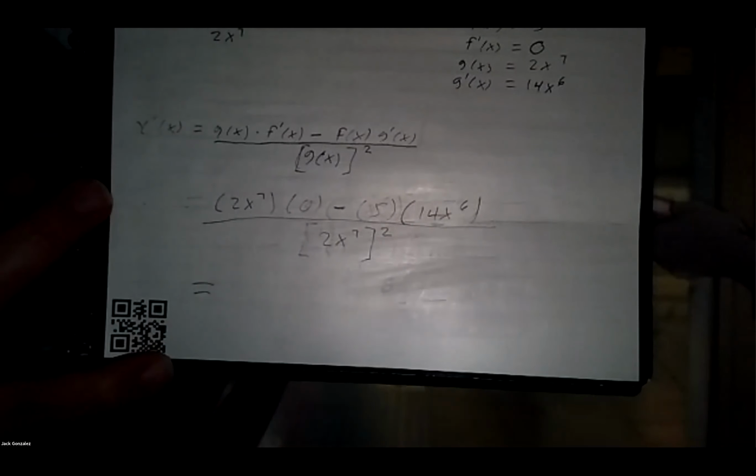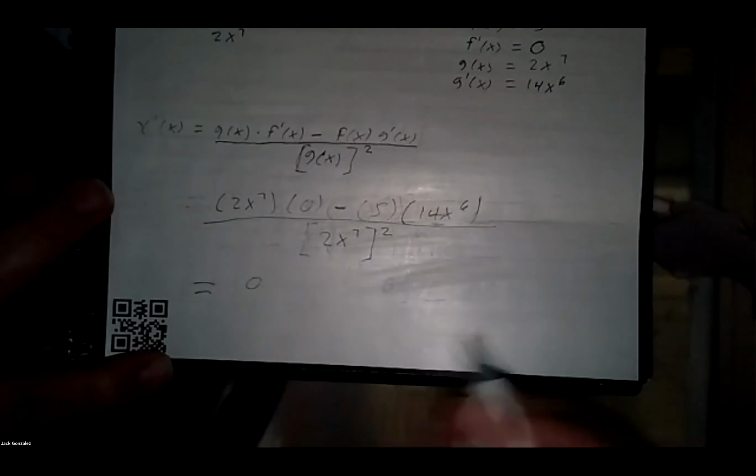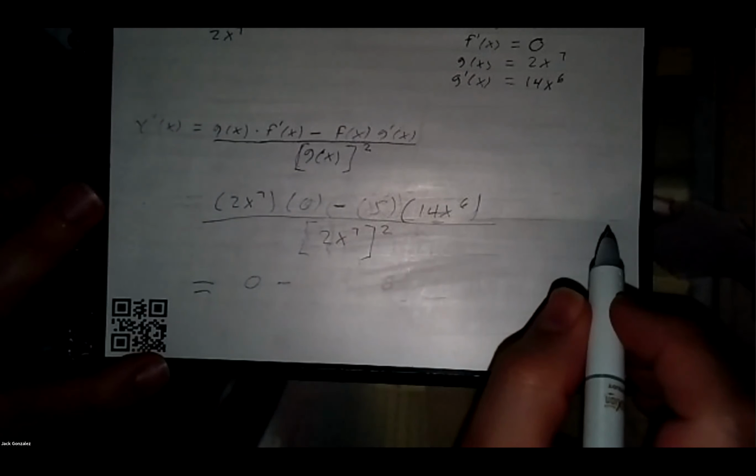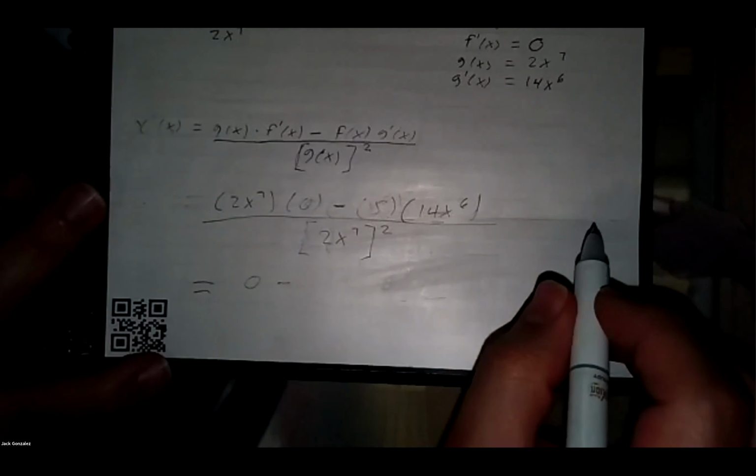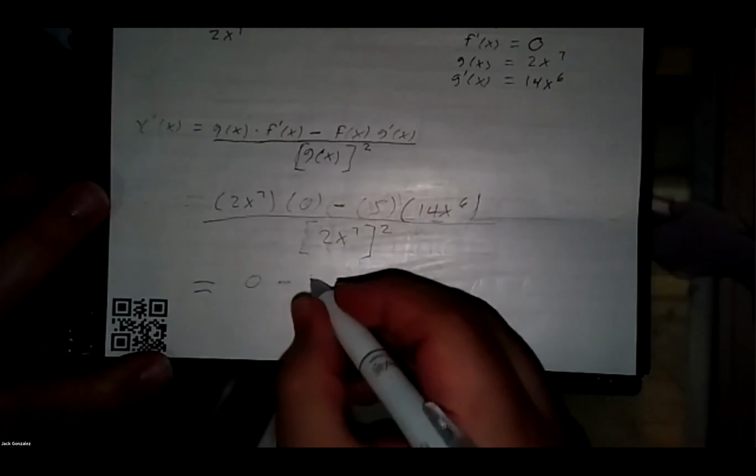Okay, so this first part will be 0. Try this again. Minus 5 times 14, what is that? 70. Yeah, 70, right?